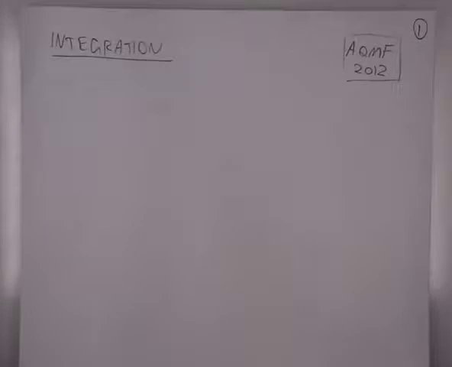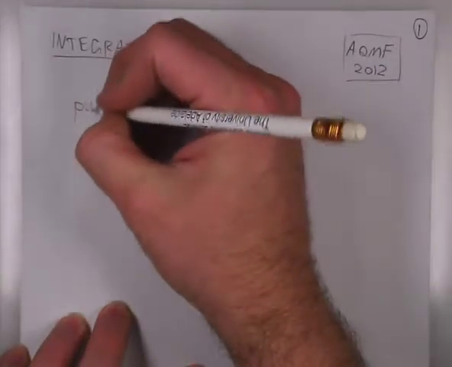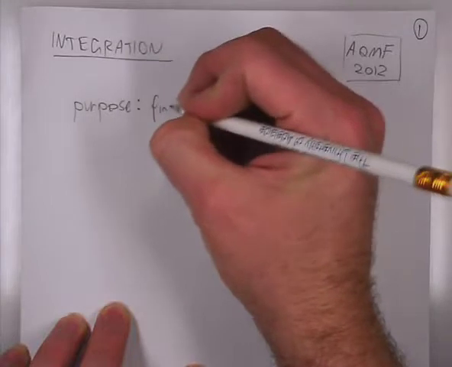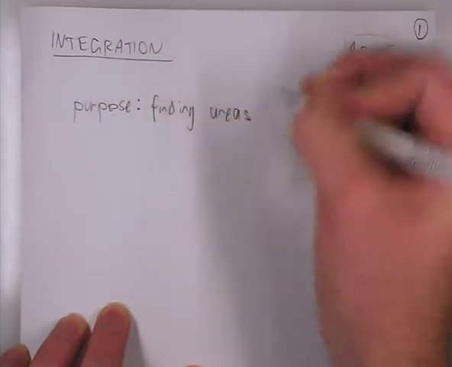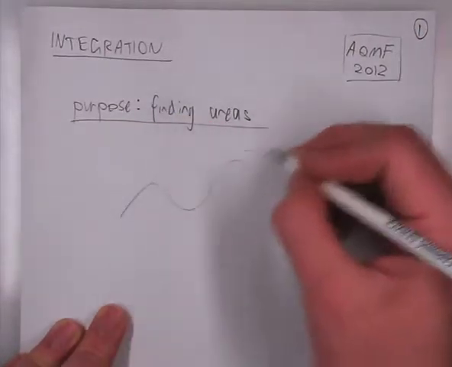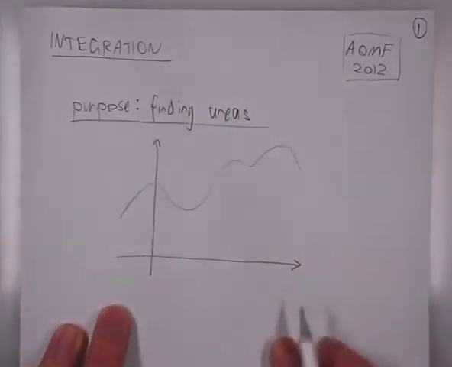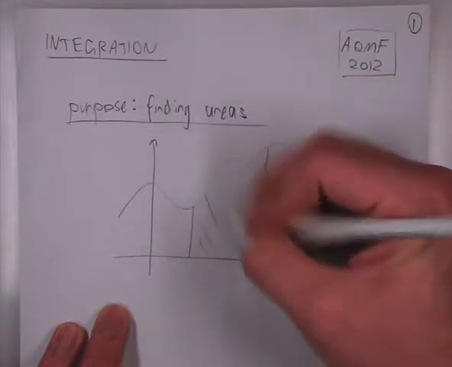The purpose of an integral is to find an area under some sort of curve. So the purpose is finding areas. So the concept is you've got something like that, and you want to find an area like that.